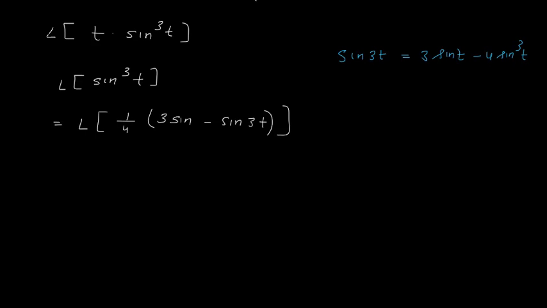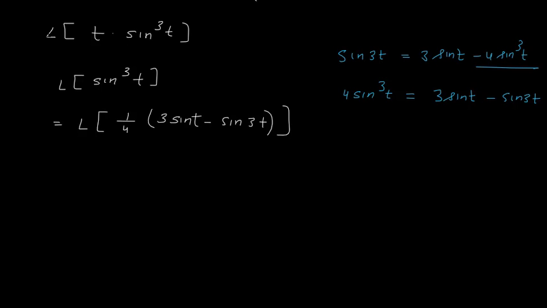But this minus 4 sine cube t will come on the left hand side, and we get 3 sin t minus sine 3t. Then we divide both the sides by 4 and I will get sine cube t as 1 upon 4 into 3 sin t minus sine 3t.